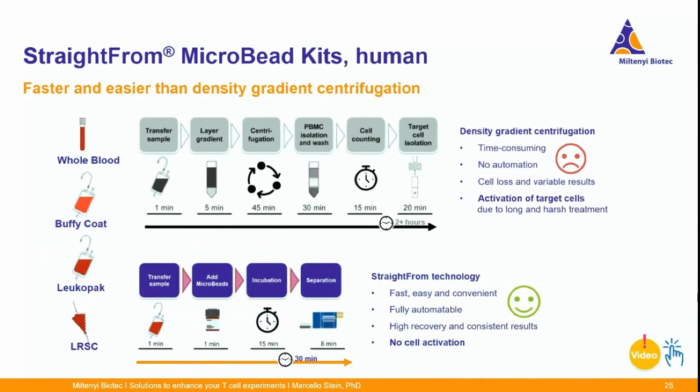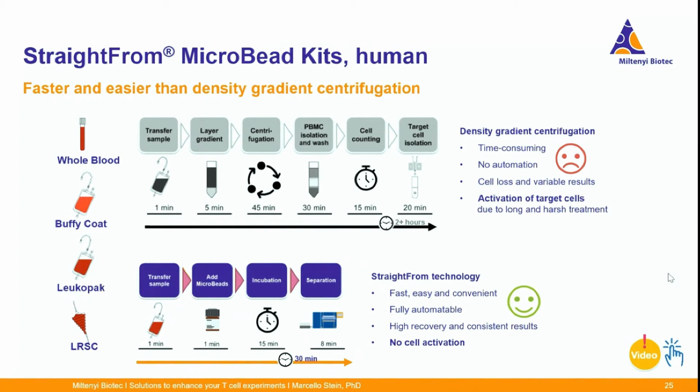To date, the most widely used method to isolate target cells from whole blood and blood products is, however, performing a density gradient centrifugation for the generation of PBMCs, followed then by cell separation of the target cell subtypes. Apart from the time-consuming protocol with over 2 hours processing time, the handling is rather complicated and does not allow for automation.